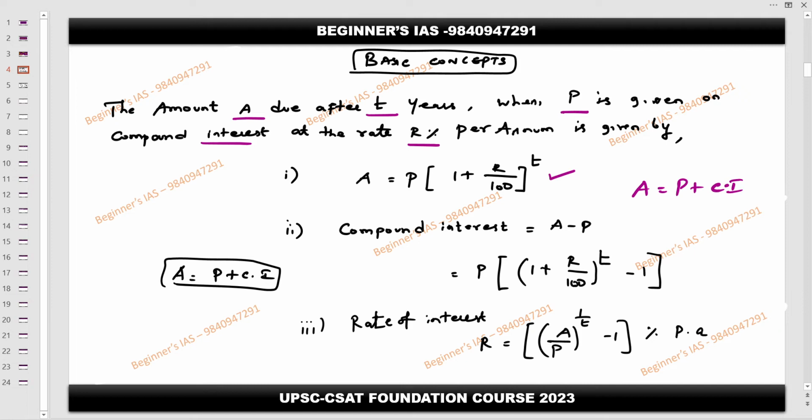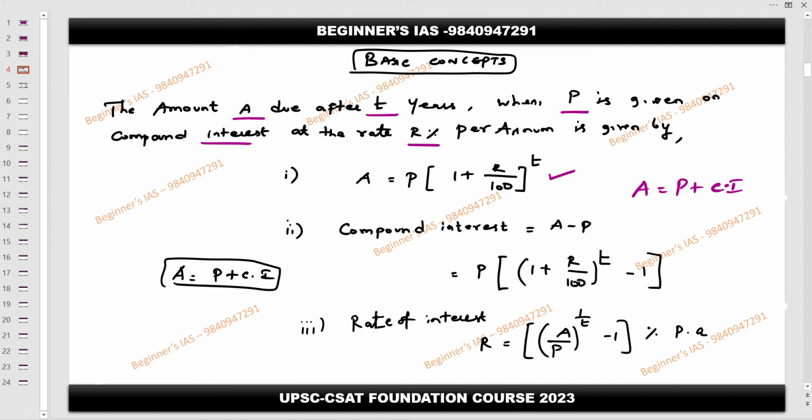By this you get CI, that compound interest is equal to A minus P. Taking P as common, you get P into 1 plus R by 100 the whole power T minus 1.